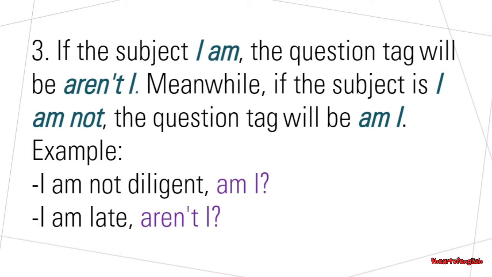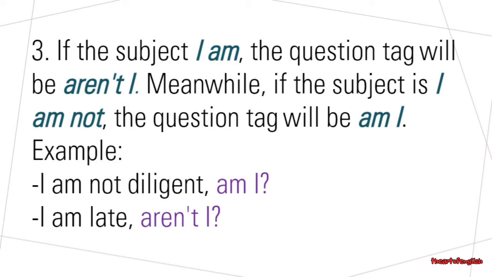The third rule: if the subject is I am, the question tag will be aren't I. Meanwhile, if it is I am not, the question tag will be am I. Here is the example: I am not diligent, am I? Because the sentence is negative using I am not, we just erase not, become am, and then the subject will be I again.